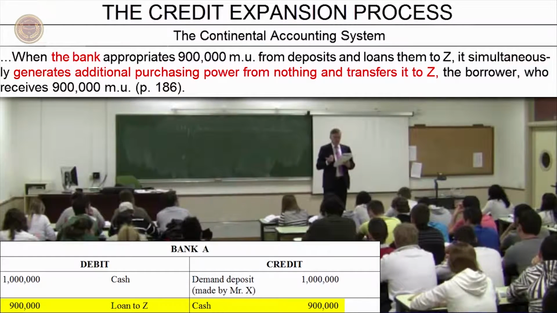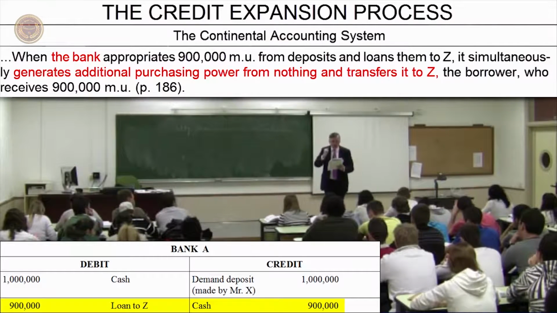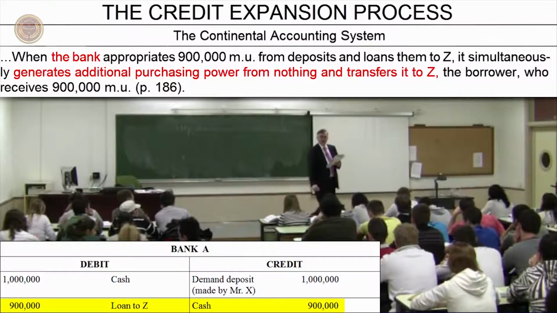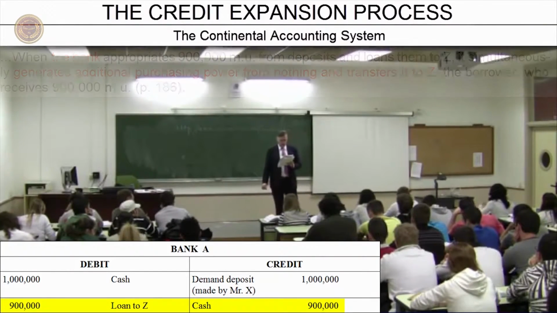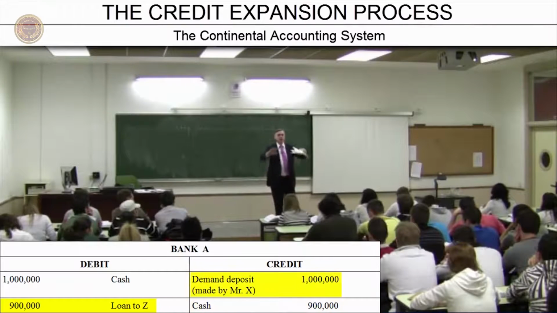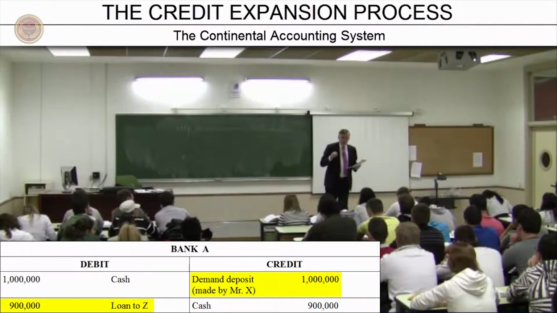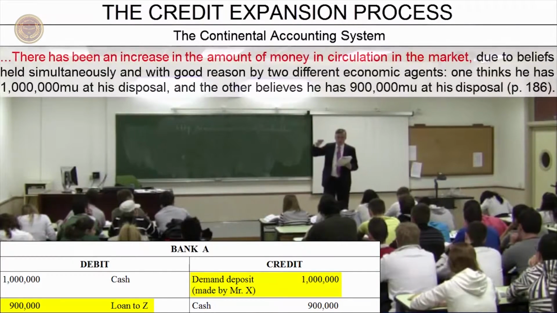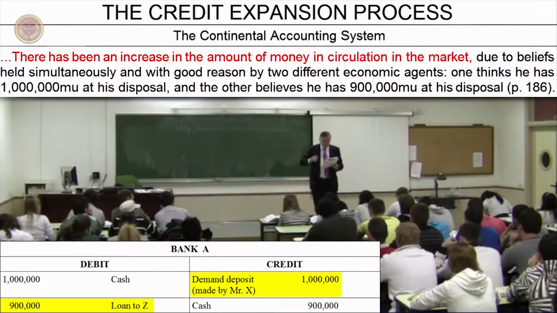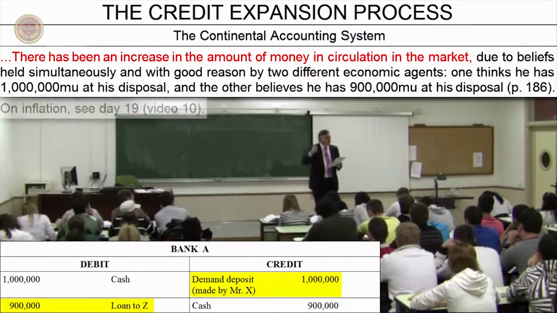So, the bank generates new purchasing power from nothing and transfers it to company Z, which obtains the loan and receives those 900,000 monetary units. So, in the market, as a result of the bank's appropriation of a portion of demand deposits in order to make loans to third parties, the quantity of money in circulation increases.